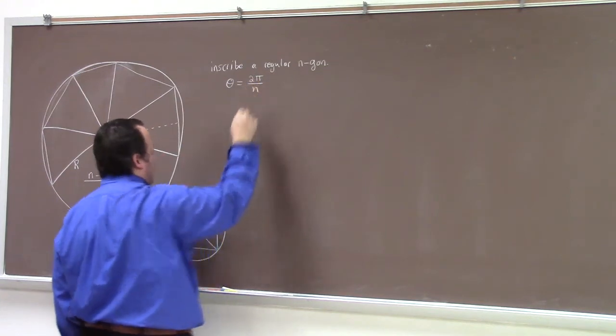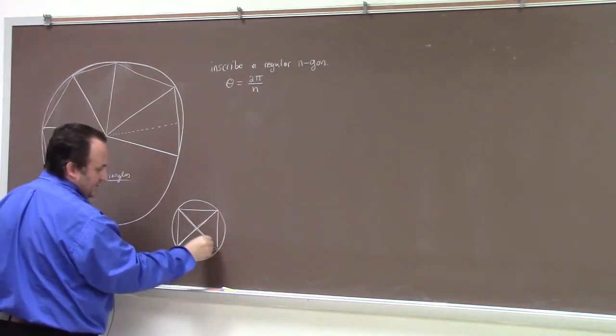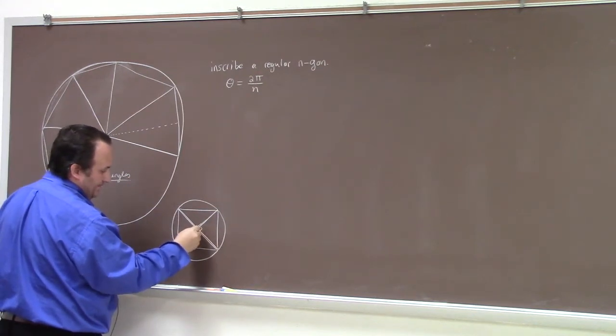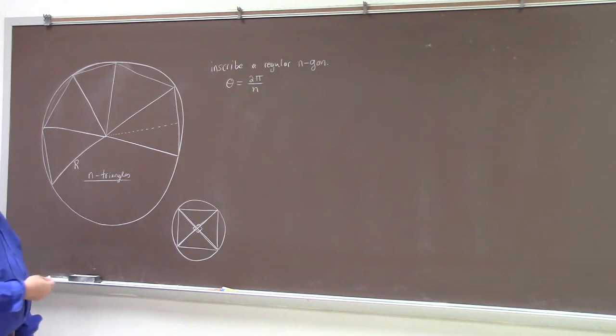If I did this picture better, you'd see that these are right angles because 2 pi over 4 is pi over 2.